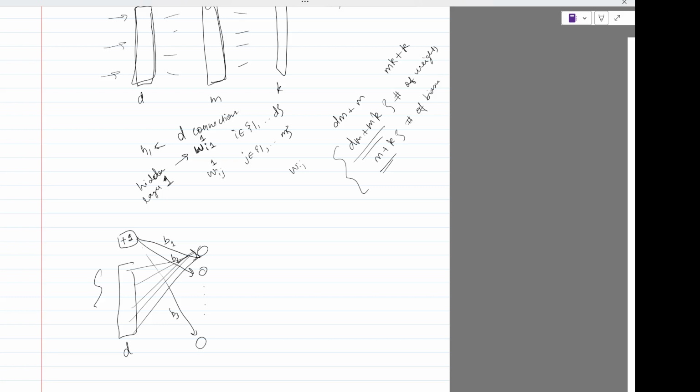This is your d-dimensional input. This is the bias node, and the bias node is connected to each node in the hidden layer.